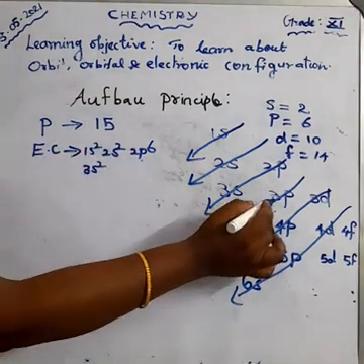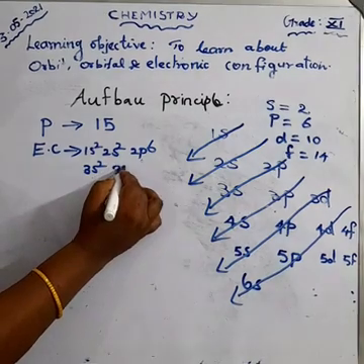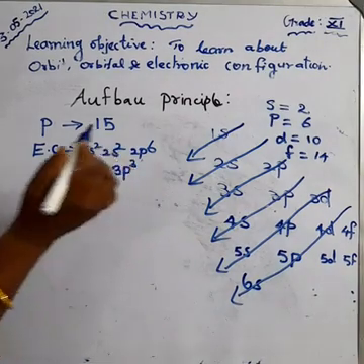So 3 electrons we can accommodate in the 3p orbitals.